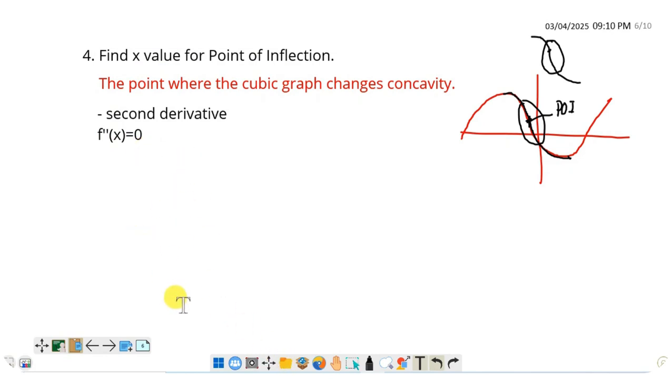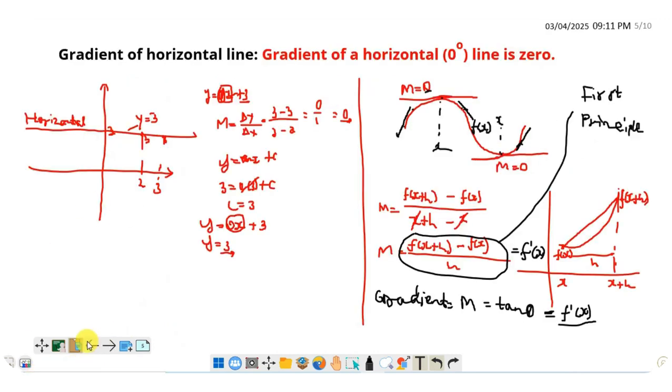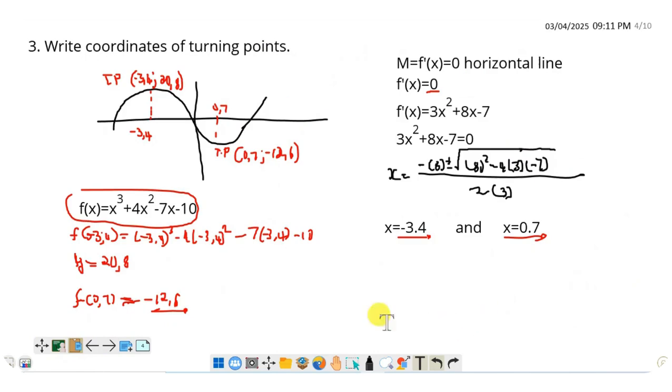We did derive that equation, right? And what did we get? The first derivative gave us 3x squared plus x minus 7.